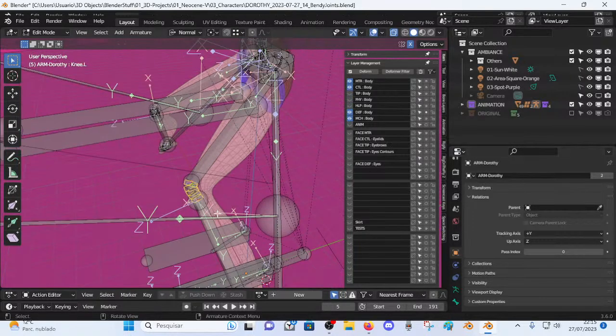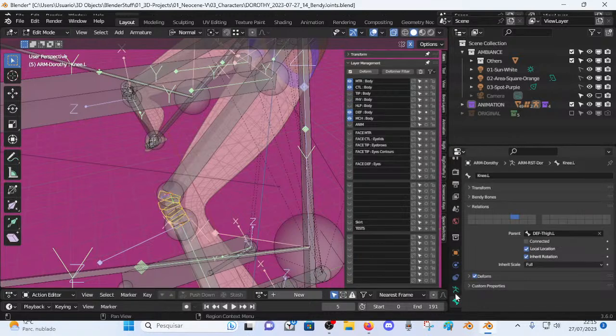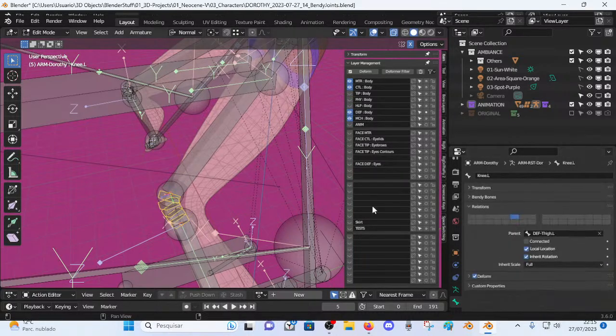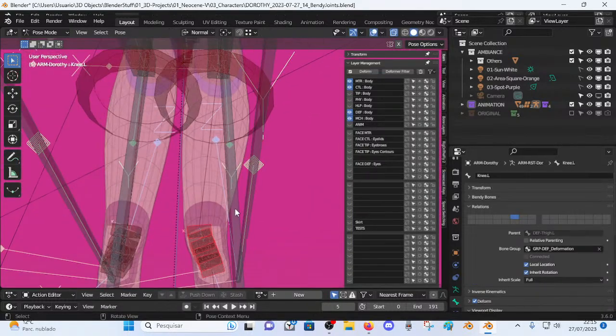So as we transform them with the rig, the bendy bone will suffer this thing. Here it is start handle, the thigh bone, and handle the deform bone. Tangent, it could be absolute, it also works, and those things I never see making any difference, I don't know why. But I leave it like that, maybe it has some functionality at some point.